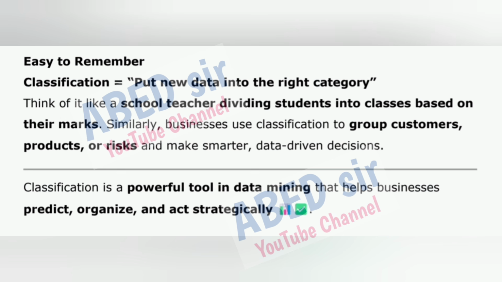Think of it like a school teacher dividing students into classes based on their marks. Similarly, businesses use classification to group customers, products, or risks and make smarter, data-driven decisions. Classification is a powerful tool in data mining that helps businesses predict, organize, and act strategically.